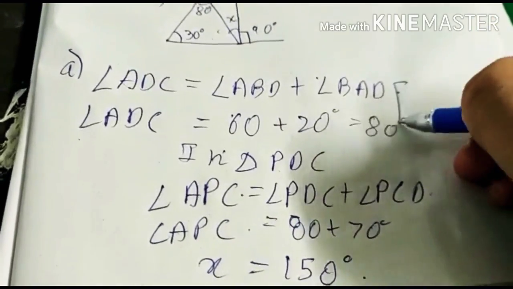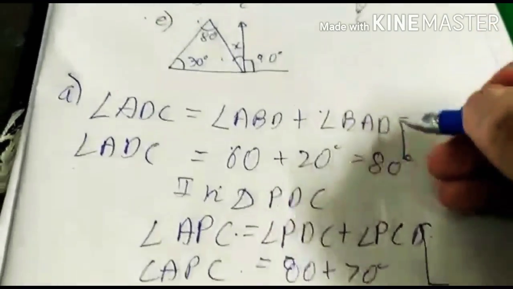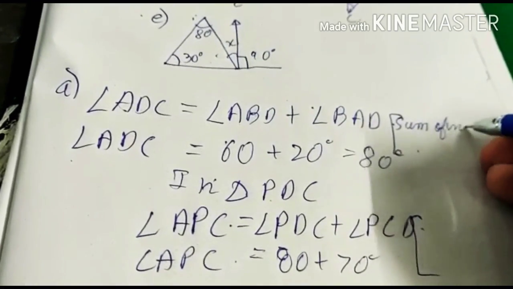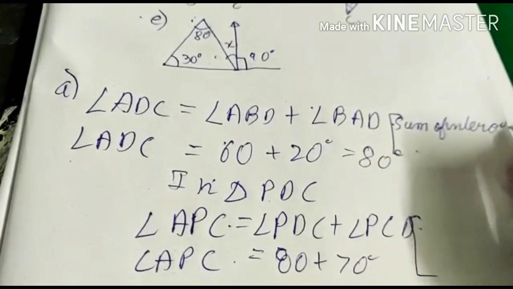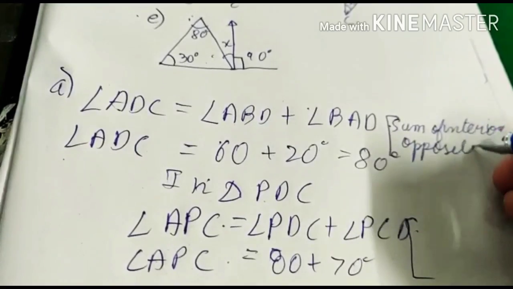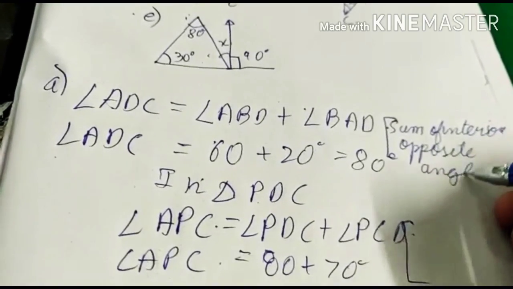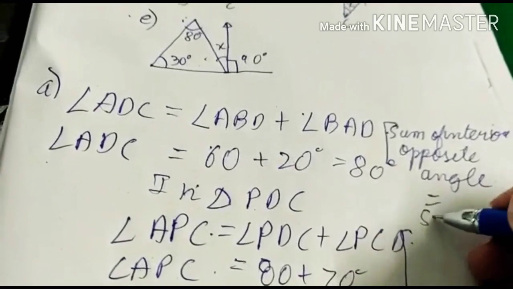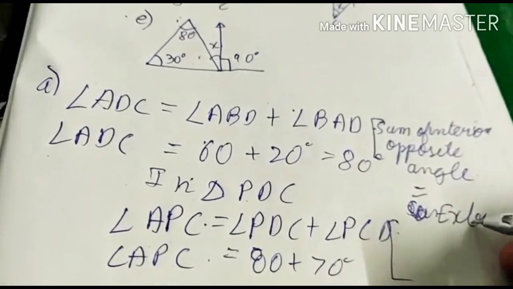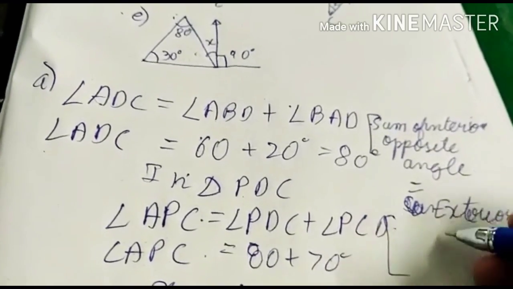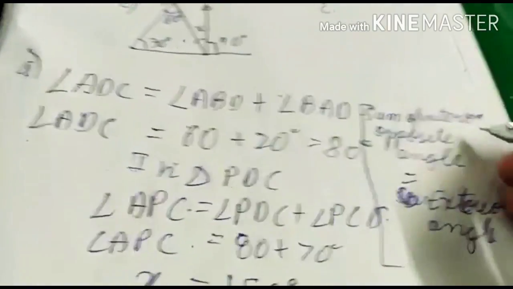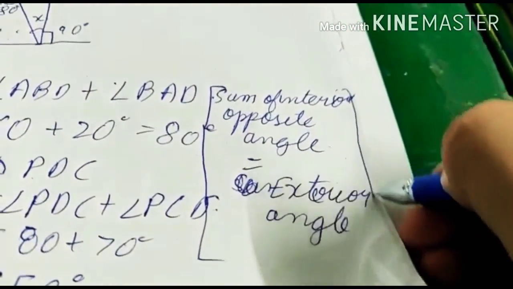In both these things, what we have gone through is that the sum of interior opposite angles is equal to the exterior angle.